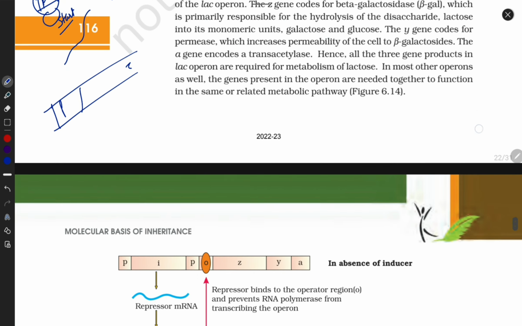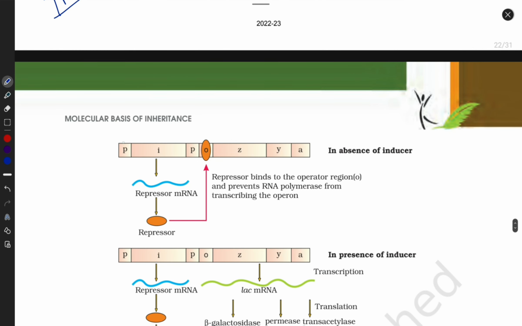Look here at the structure: this is the promoter region, here is the operator, and here are the structural genes. Now I am going to discuss each part one by one and what function it has.